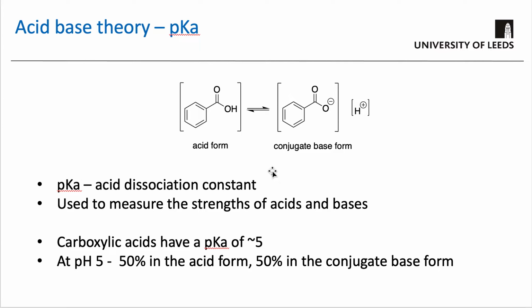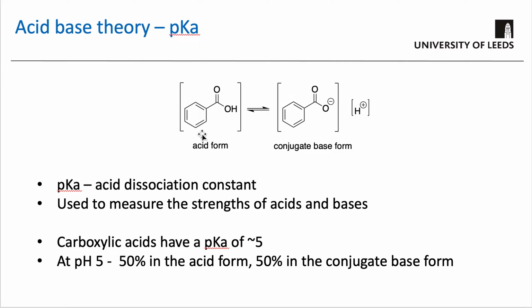And so what pKa gives you is an idea of how acidic a molecule or functional group is, and therefore how easily you can form the conjugate base form, where you've deprotonated it and it's in its anion form, or how much of it exists in its protonated form.